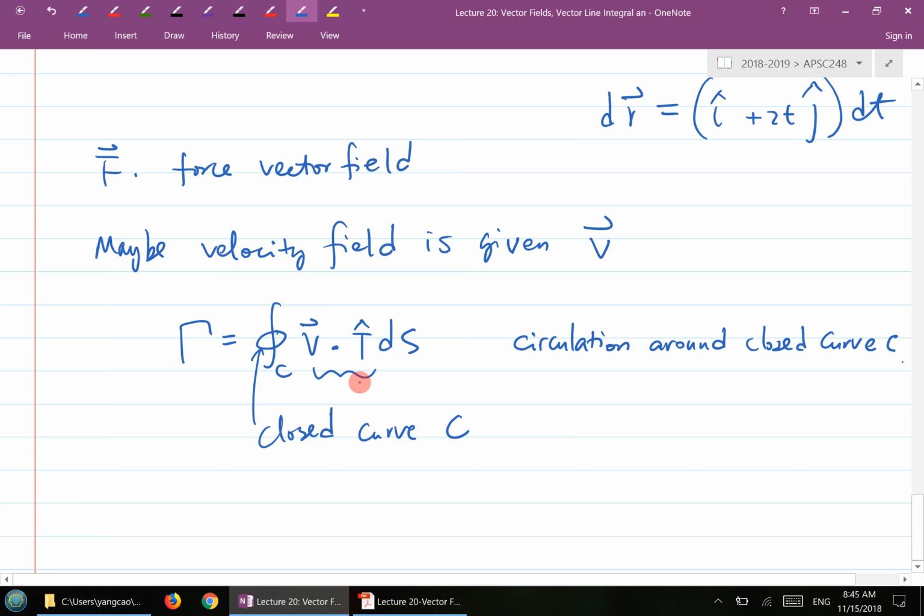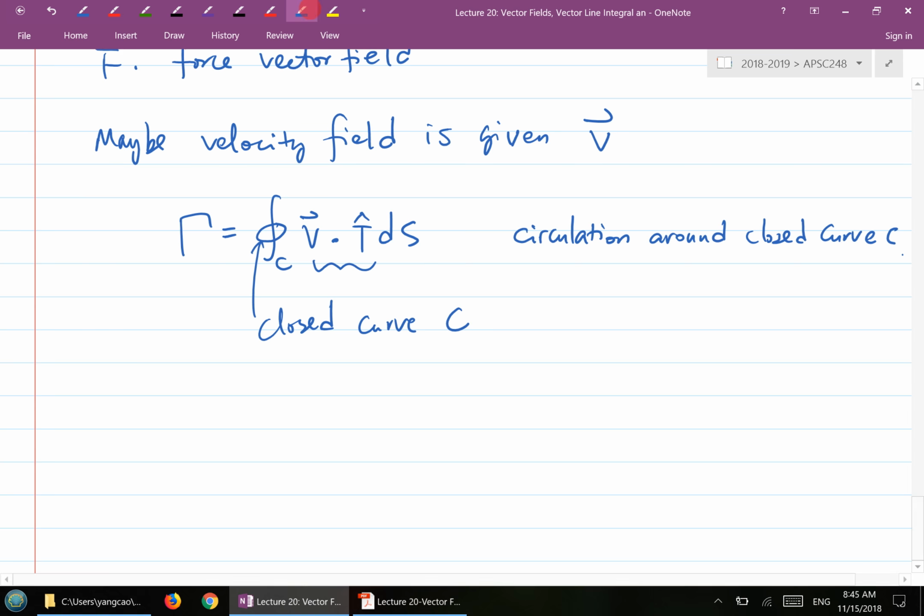In simple aerodynamics, there's a simple formula: L equals rho U times gamma, where rho represents the fluid density, and U represents the airflow velocity, the speed of the body relative to the airflow.